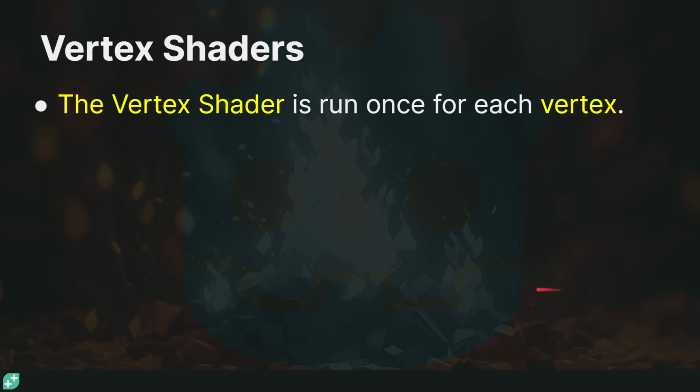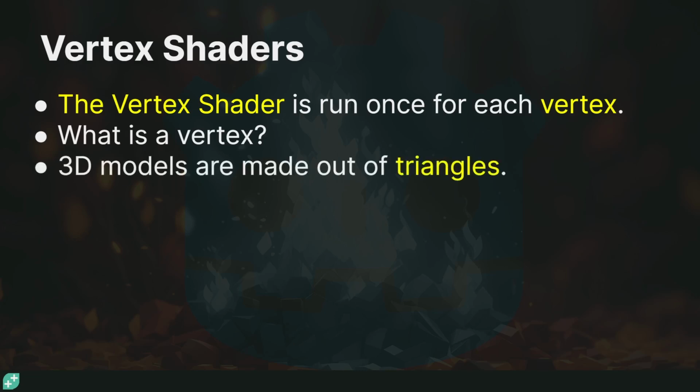So what is a vertex though? I did kind of explain it just now, but in order to understand it, you need to understand how 3D models work. 3D models are made out of triangles. And that's simply because the GPU likes to draw things with triangles. It's very fast at drawing with triangles compared to other types of shapes. And because of that, 3D modeling software usually works with triangles.